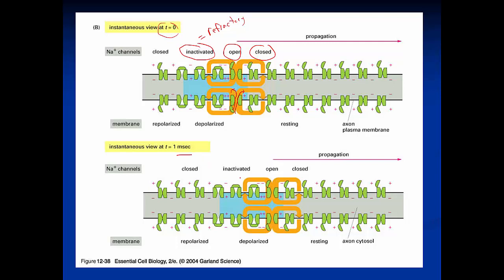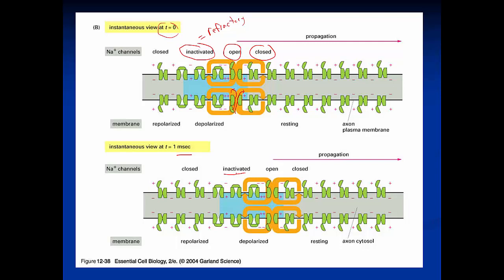If I look a millisecond later, those voltage-gated sodium channels that were open are now inactive. I want you to make a distinction between open, closed, and inactive. Closed means that nothing is flowing, but they're ready to go. Open obviously means open. Refractory or inactivated means that they are closed and they cannot respond.